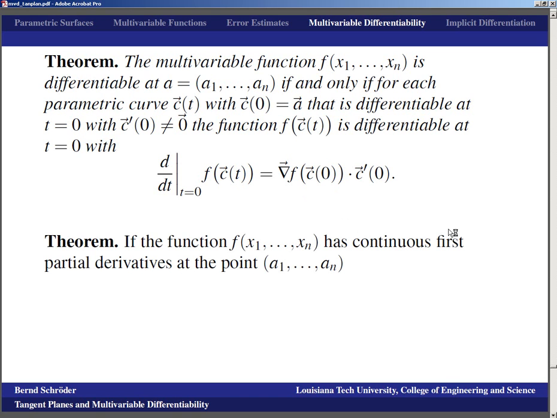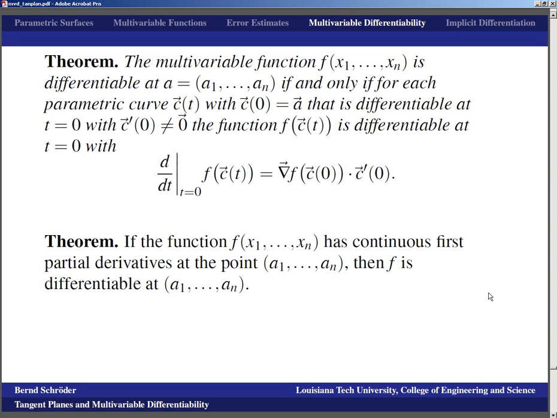The only other thing is that there is also a theorem that if a function has continuous first partial derivatives, and that is the most frequently used sufficient condition for differentiability, then f is differentiable at that point. And this is basically the abstract justification for this thing that I've somewhat sloppily mentioned every so often, which is that in applications, typically the hypotheses are satisfied.